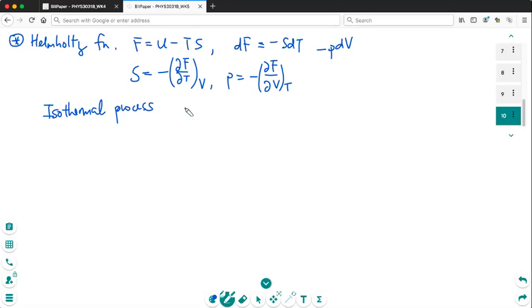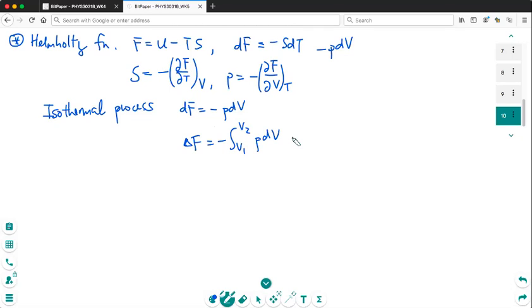In this case, you get dF equals minus P dV. So your delta F will be the integral from V1 to V2 of minus P dV. But what is this minus P dV?